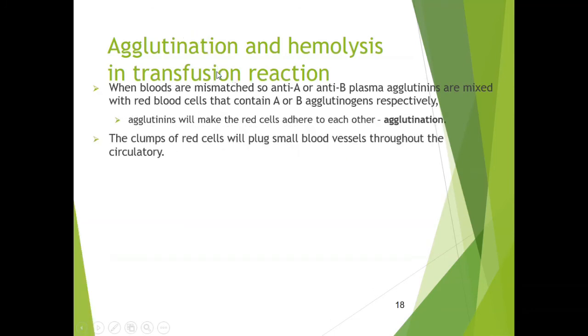Anti-A antibody comes in contact with its corresponding antigen A, and they combine to form an antigen-antibody complex. This complex can result in agglutination, that is clumping of RBCs that may occlude small vessels, or it may induce direct or indirect effects of antibodies.